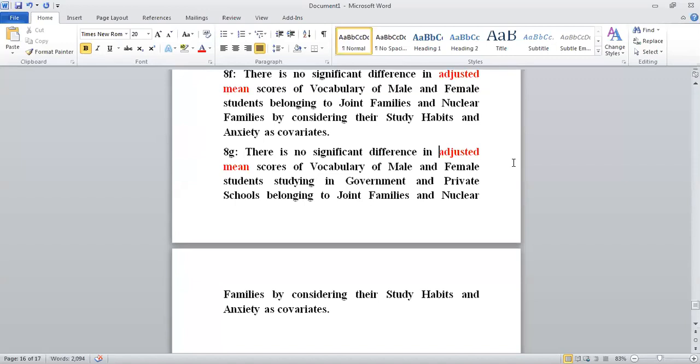And then I had the interaction between types of school and types of family, the types of school and gender, and types of family and gender, and another types of school, types of family and gender. So now you have understood.